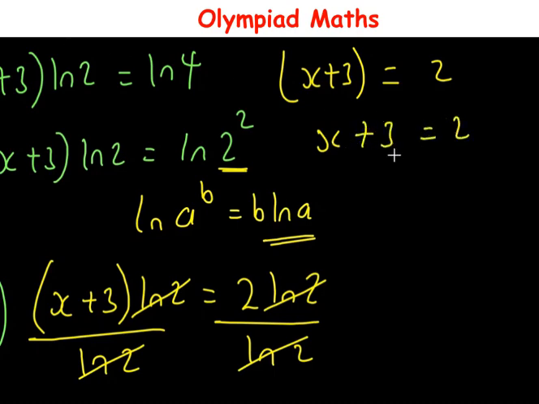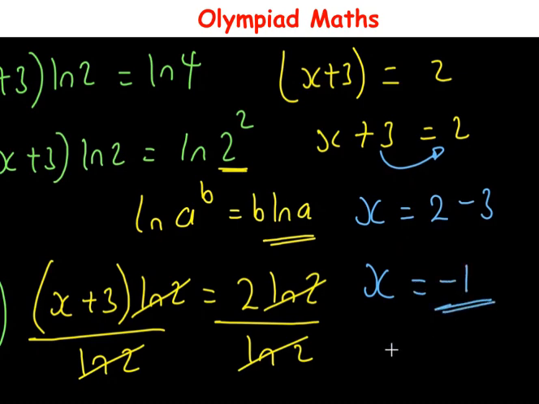So then move plus 3 over to this side. The value of x is then equal to 2 minus 3. So with this, x is equal to minus 1, and this is the final answer for the value of x.